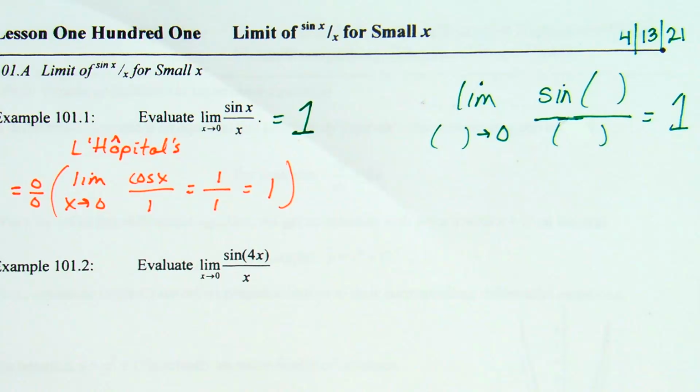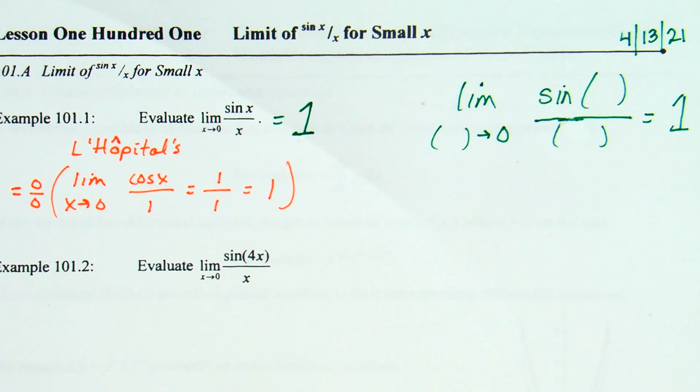Okay, now, we could say the limit as x approaches 0, but like sine 5x over 5x, it would still equal 1 if those pieces are the same, is what I'm trying to say.